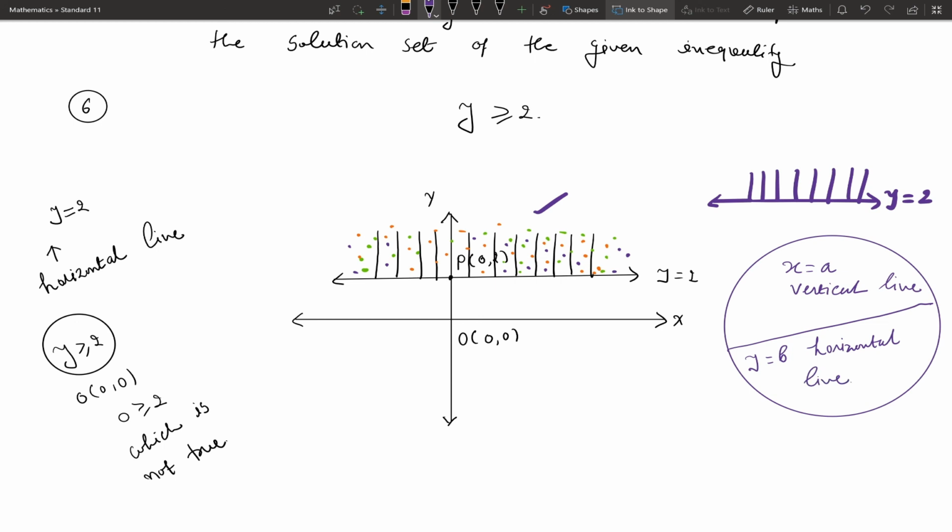So these 6 examples we have discussed are solutions of linear inequality in the two-dimensional plane.